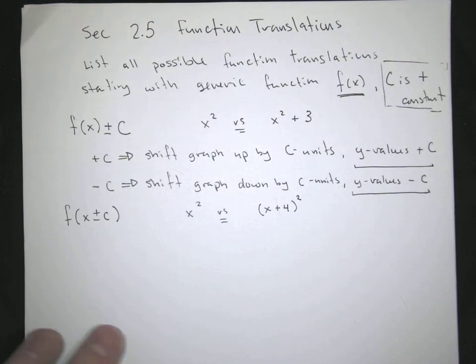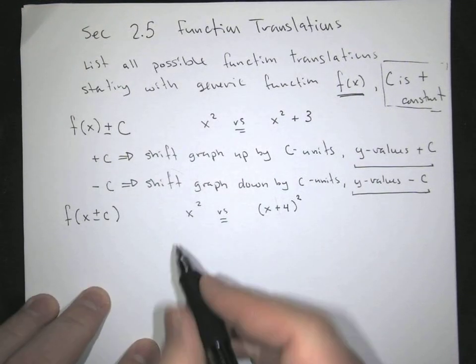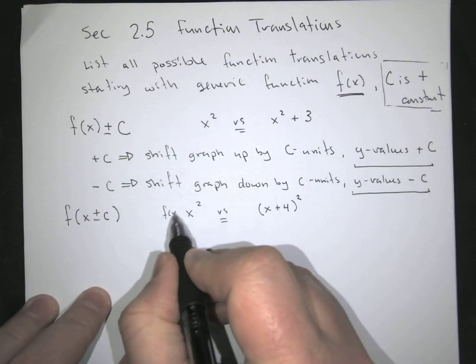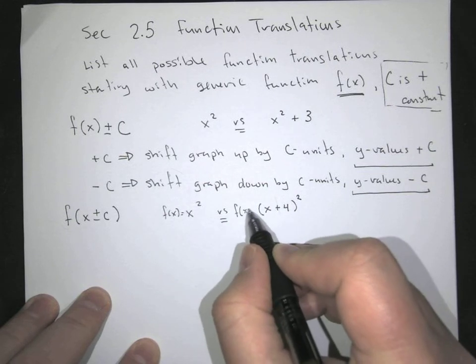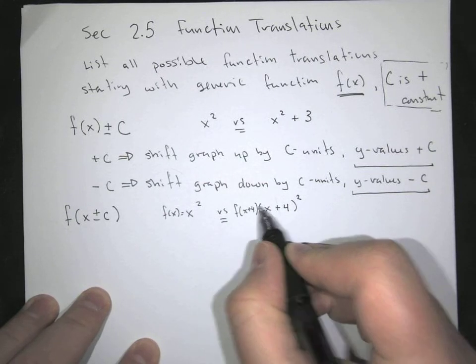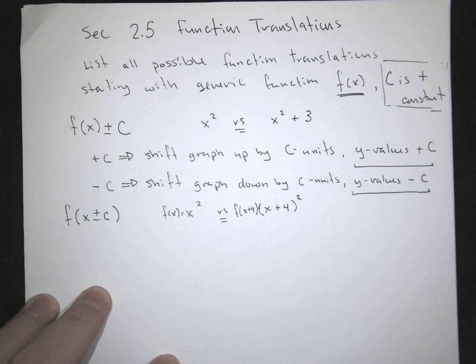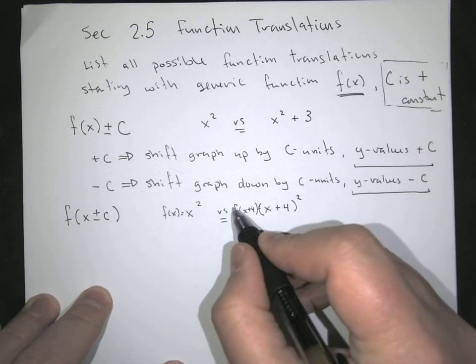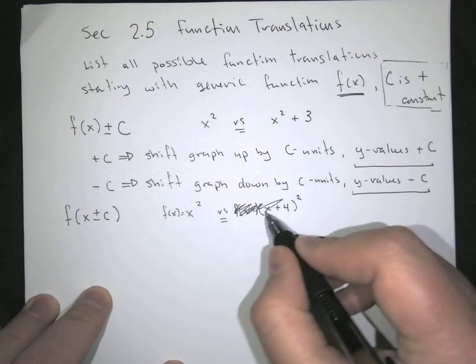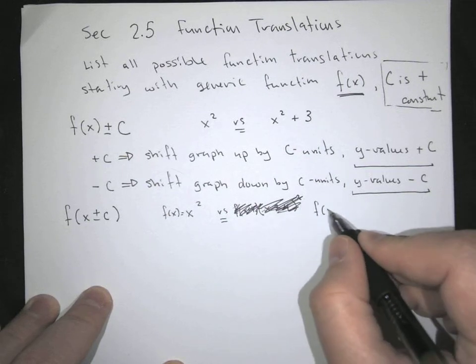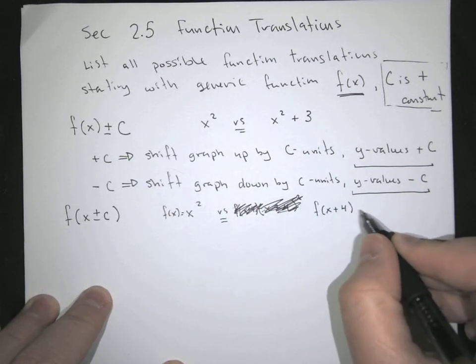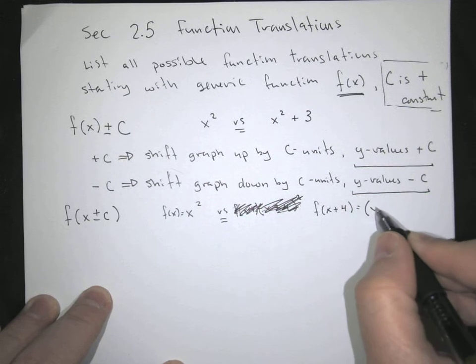Maybe I should label these. This would be our original f of x, and this would be f of x plus 4. Boy, that's tight. I'm just going to scribble that out and rewrite it so you guys can see a little better. Just the most professional possible looking math.